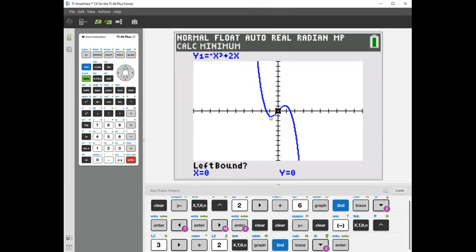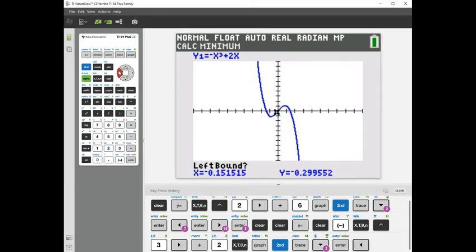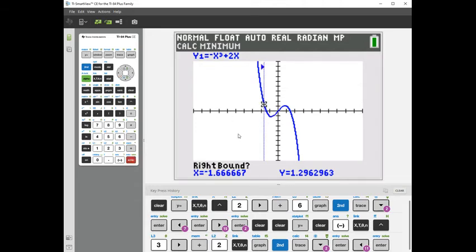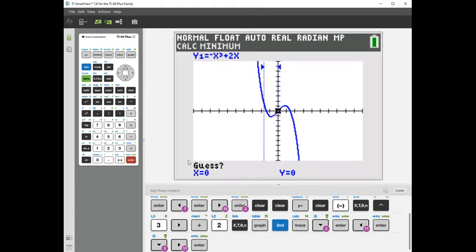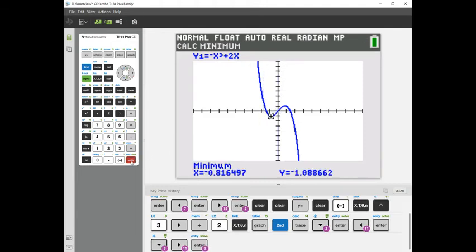Left bound means I'm going to move this spider somewhere to the left of that low point and click enter. Right bound means that I'm going to move the spider to the right of that minimum value. And click enter. And then guess means I click enter one more time.